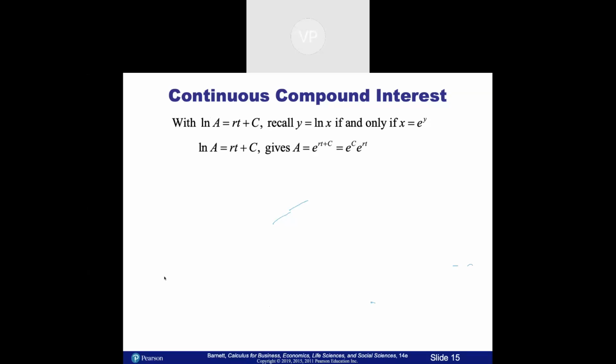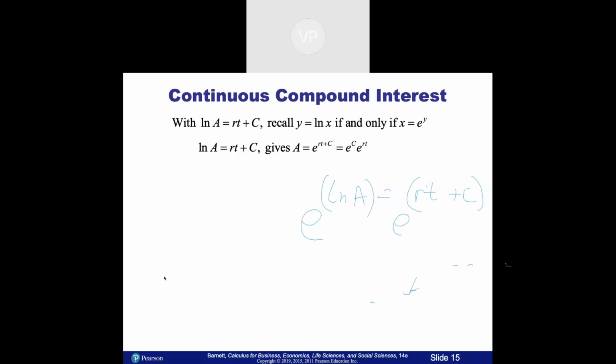Okay, so if you take your equation, let me write this out. You have the natural log of A equals RT, R times T, not to the T power, plus C. If I'm trying to get the A by itself, the easy fact is I can simply put an E right here, and E becomes the new base.